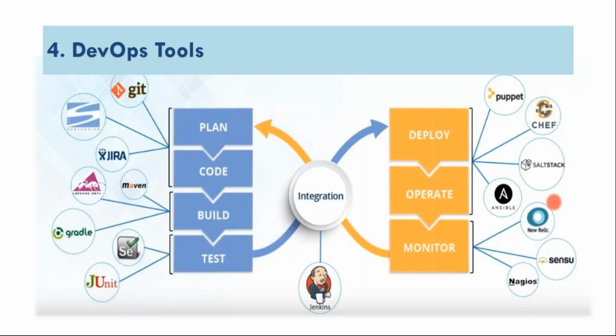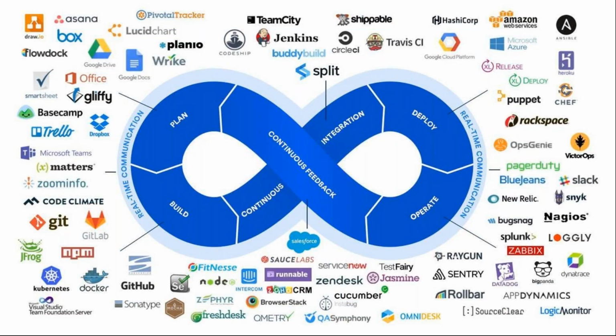So if you look at DevOps, it's growing continuously. Hundreds of open source tools are coming up. Hundreds of application supporting tools are also coming up. Microsoft is coming with different tools. CNCF is coming with different tools.